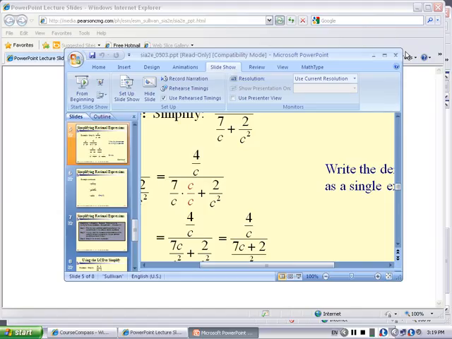Now, some people say, Dr. Chen, I remember when I learned in pre-algebra that I can multiply both numerator and denominator by the same number. I say yes. So you would like to make use of that. Okay, so let's do it.